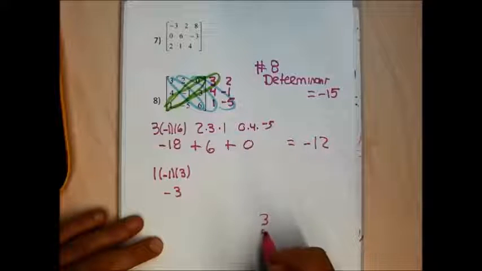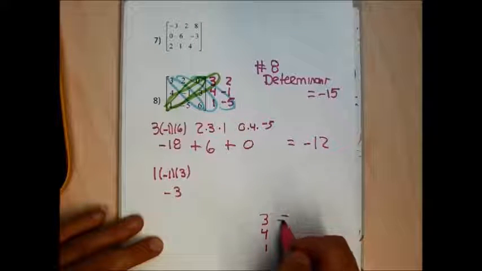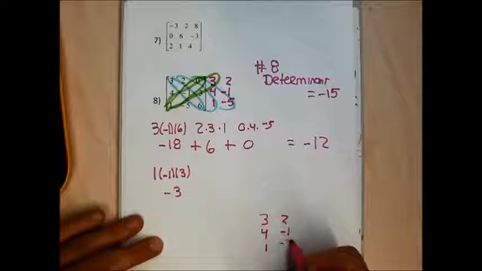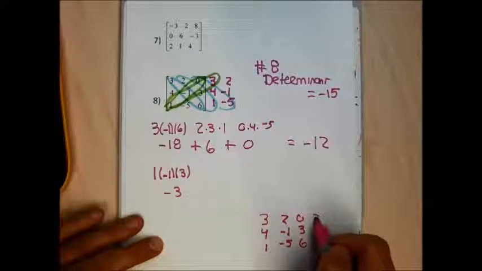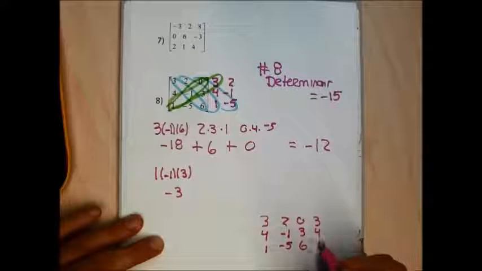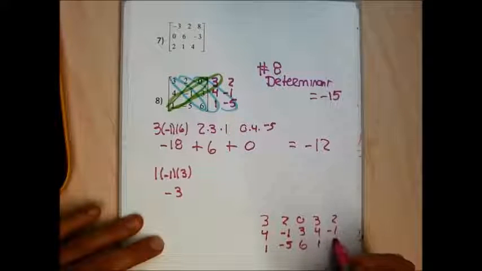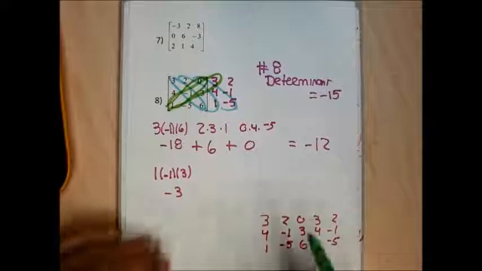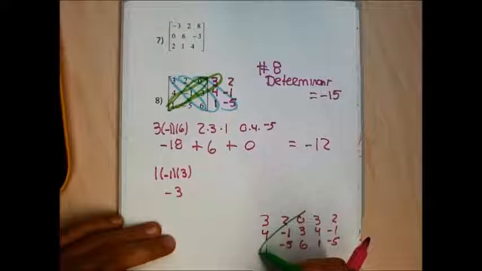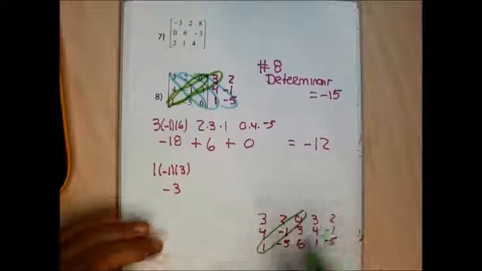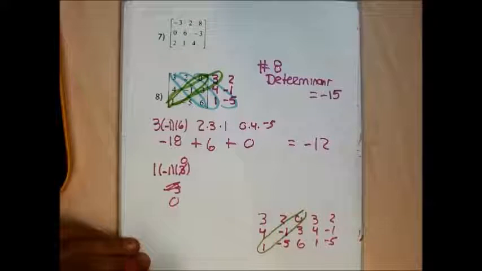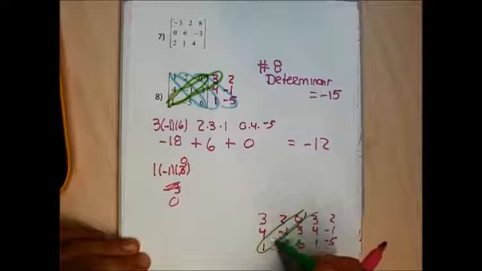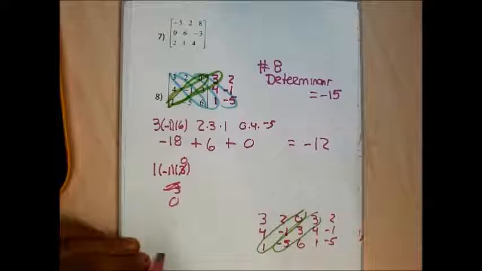So 3, 4, 1, 2, negative 1, negative 5, 0, 3, 6, 3, 4, 1, 2, negative 1, negative 5. I don't think I made a mistake going down, but the first going up should have been 1 times negative 1 times 0, and that should have come out to be 0. The second going up is negative 5 times 3 times 3.